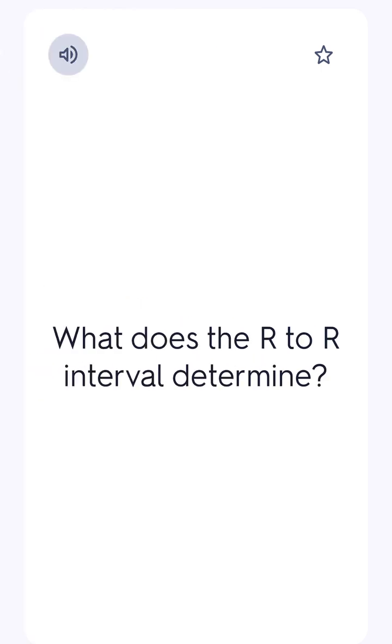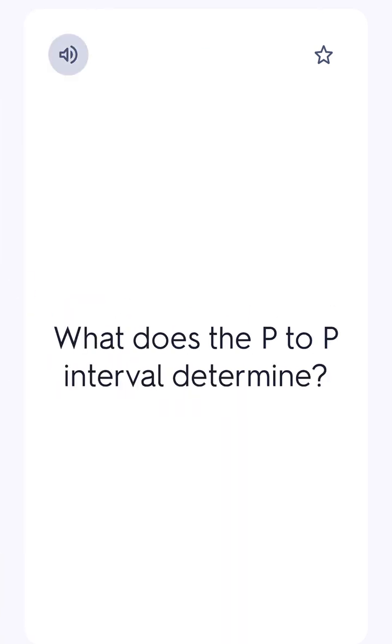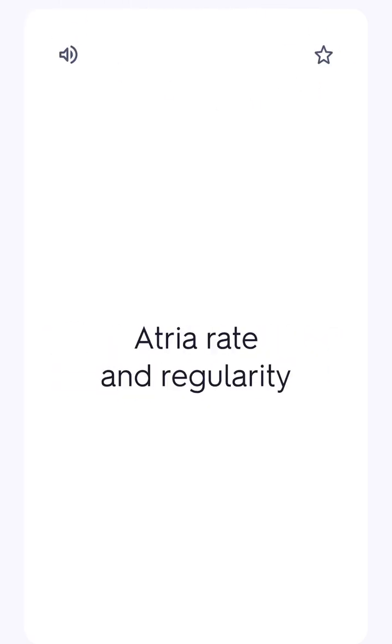What does the R to R interval determine? Ventricular rate and regularity of rhythm. What does the P to P interval determine? Atrial rate and regularity.